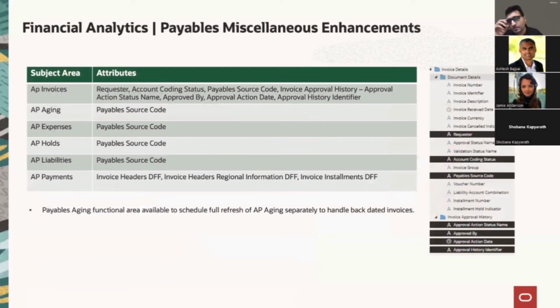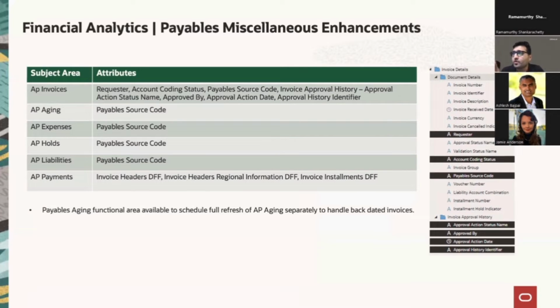And apart from that, we had several enhancements or attribute additions which we did in AP subject areas. These enhancements are in the form of approval attributes we added to the AP invoices subject area, where you would have approval history related information available in the form of who were the approvers, requester, what were the approval actions taken for these invoices.